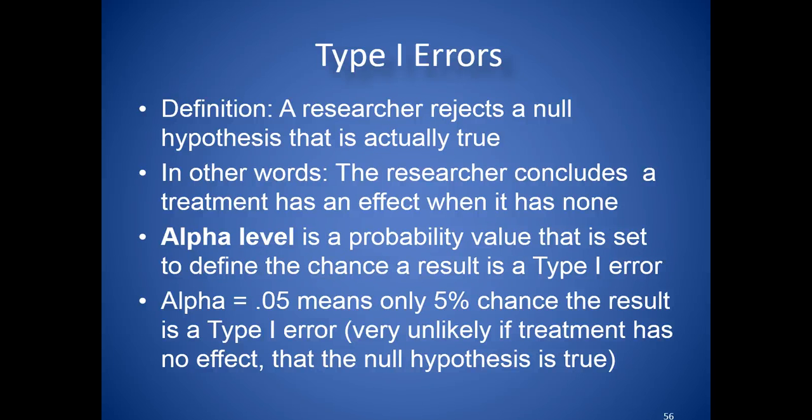That could be a type 1 error, because the researcher concludes that a treatment has an effect when actually it has none. That's because there was a violation in the integrity of the intervention.